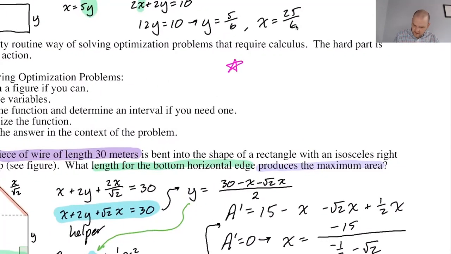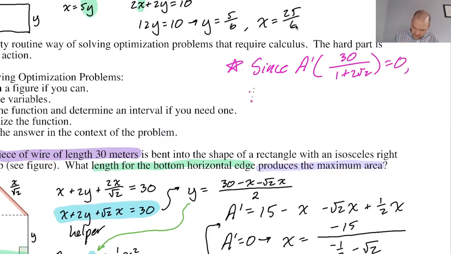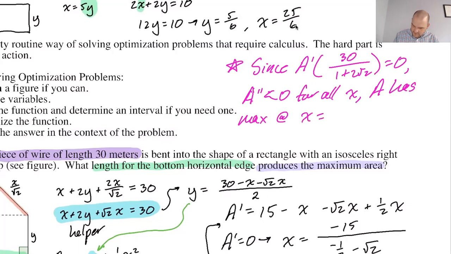Okay, so I'm going to say, since A prime of 30 over 1 plus 2 √2 equals 0, and A double prime is less than 0 for all x, A has a maximum at x equals 30 over 1 plus 2 √2.